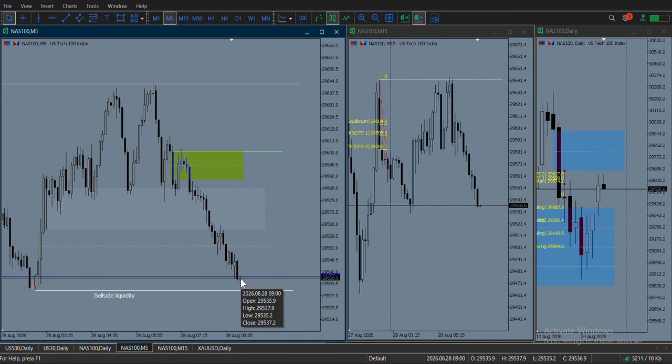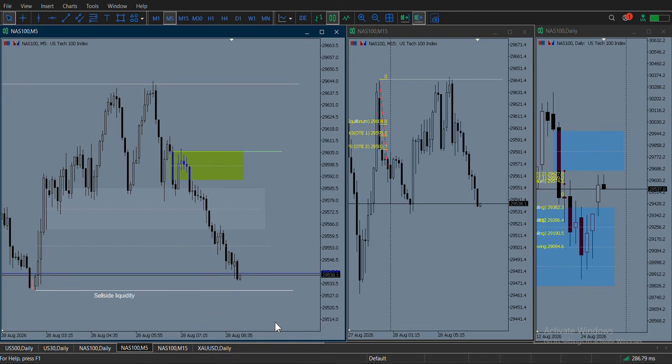There we have London. So I want to see it smash through that sell side. So look at the 15-minute here. Look at where it has closed.